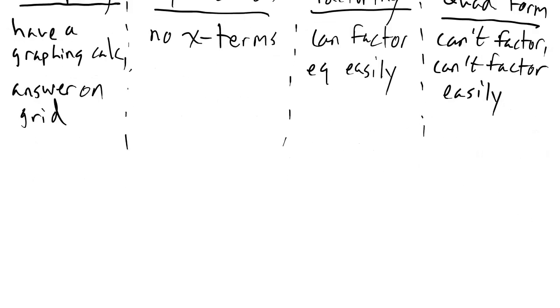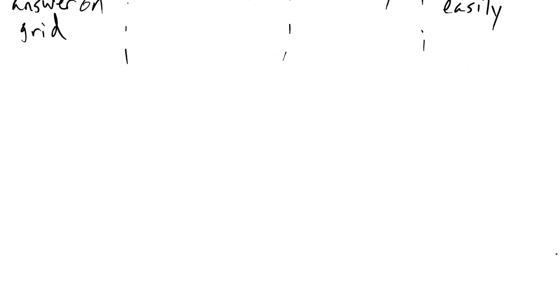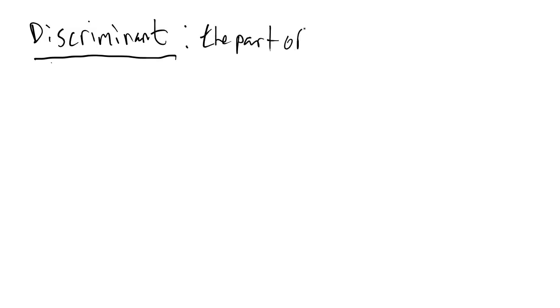Now, we said this lesson was the quadratic formula and the discriminant, so let's talk about what the discriminant is. Your discriminant is defined as the part of the quadratic formula under the square root.